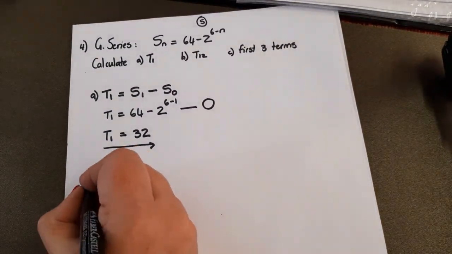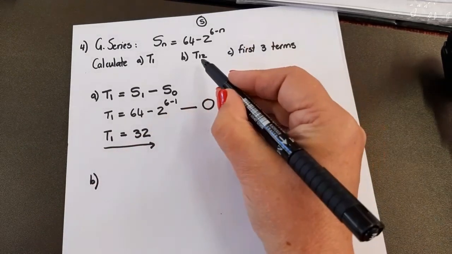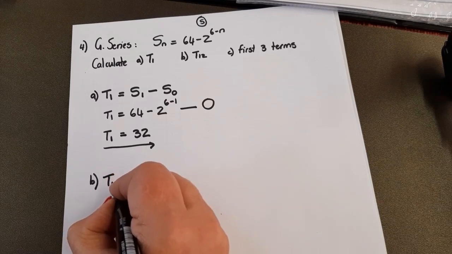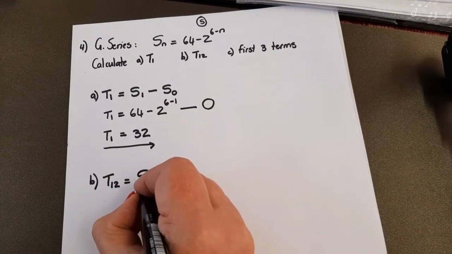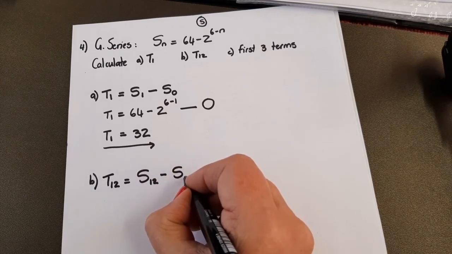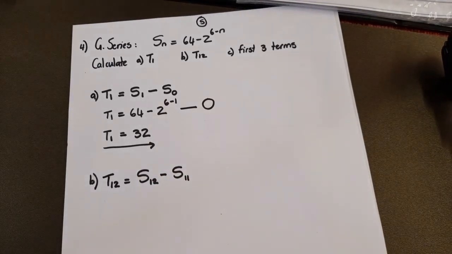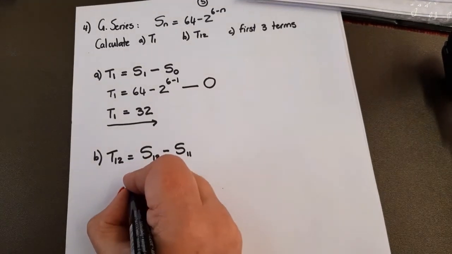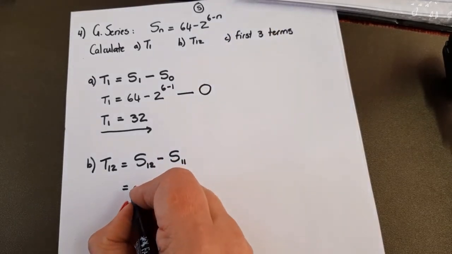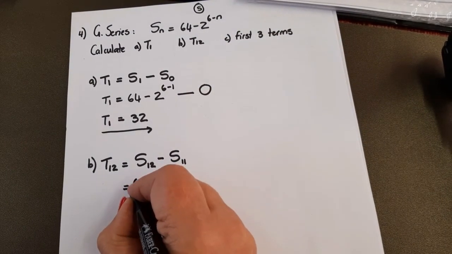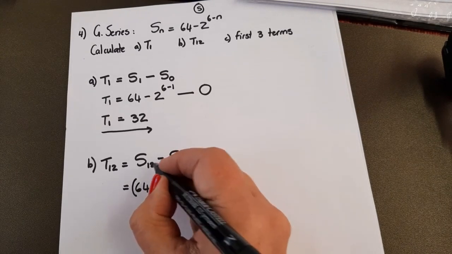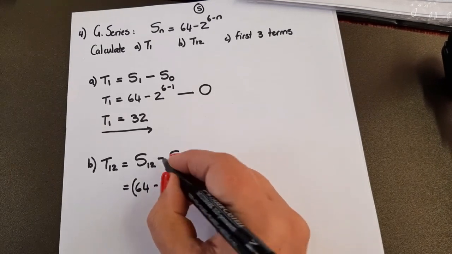Question B. Work out term 12. We use the same handy trick. It will be the sum of 12 terms minus the sum of 11 terms. So let's substitute n as 12 into our given formula. 64 minus 2 to the power of 6 minus 12, minus.